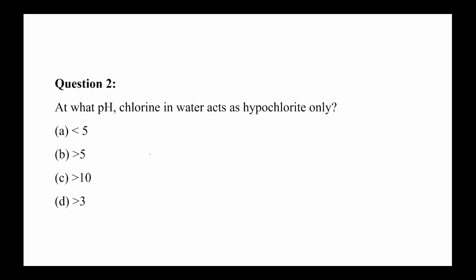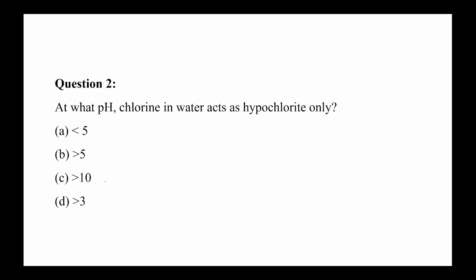At what pH does chlorine in water act as hypochlorite only? Options are option A less than 5, option B greater than 5, option C greater than 10, and option D greater than 3.